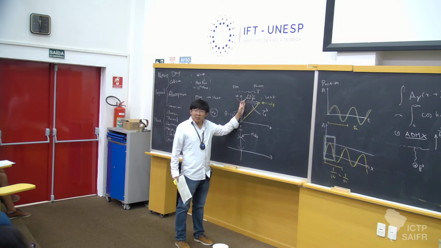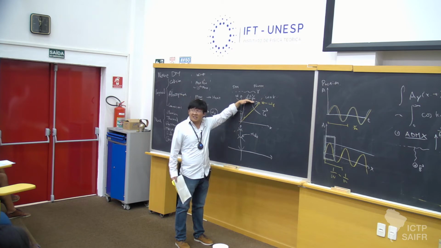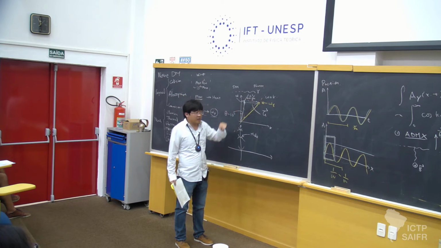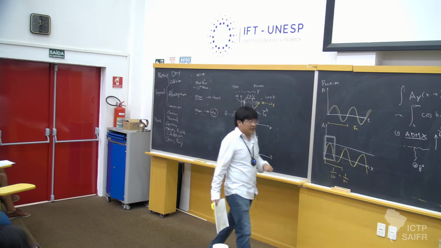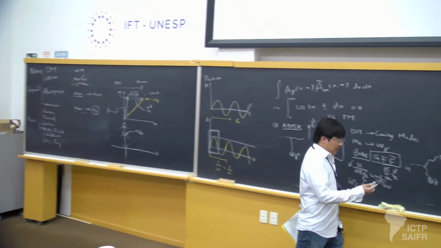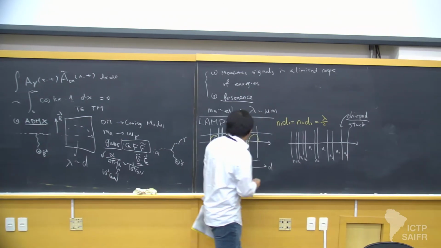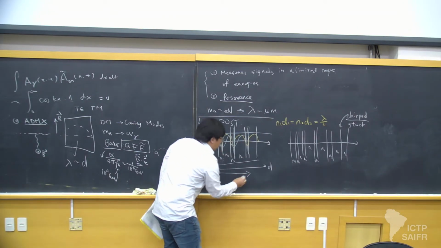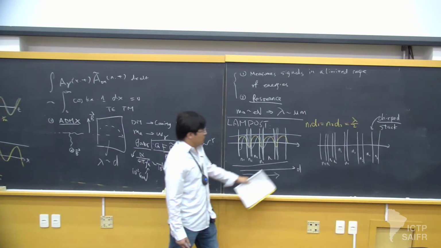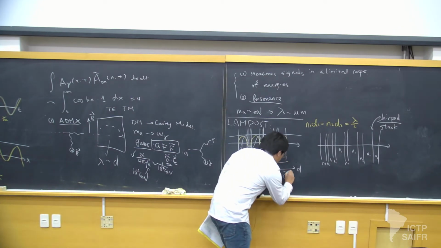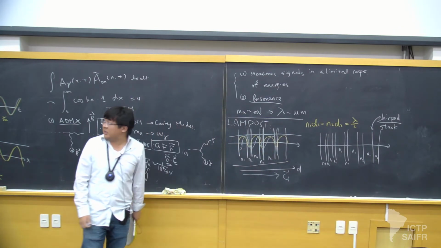But most of the momentum comes not from the dark matter, but from the lattice structure, and this momentum is fixed. It is in the direction of the periodicity. So no matter if I do the regular stack or the chirp stack, I always have the lattice momentum pointing this way.